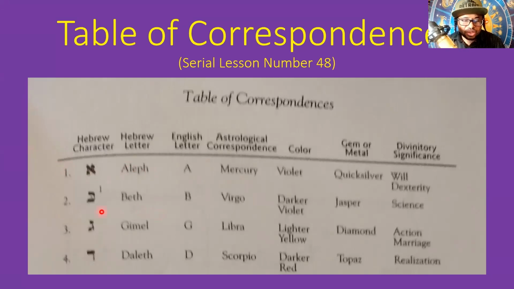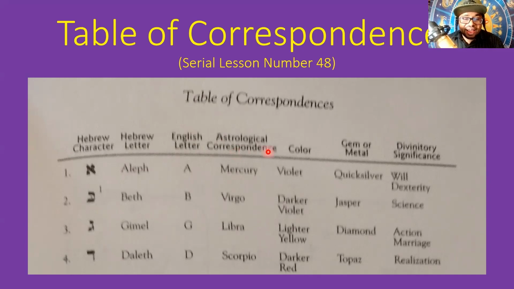This is only 1 through 4, but if you look at the actual document, it has 1 through 22, or 0, 22 being 22 or 0, depending on which way that is facing. Then you have the English letter that represents it, A, B, and it doesn't go in order, so you have to make sure that you pay attention to it, but all of the letters are represented.